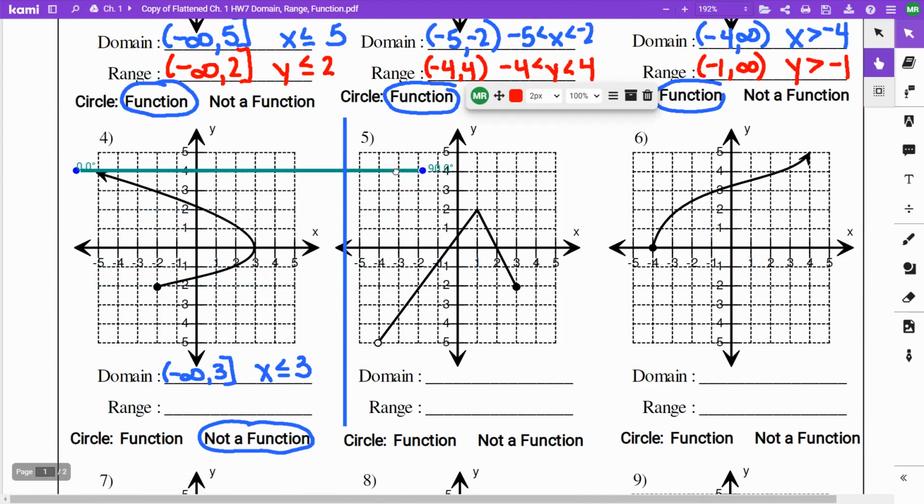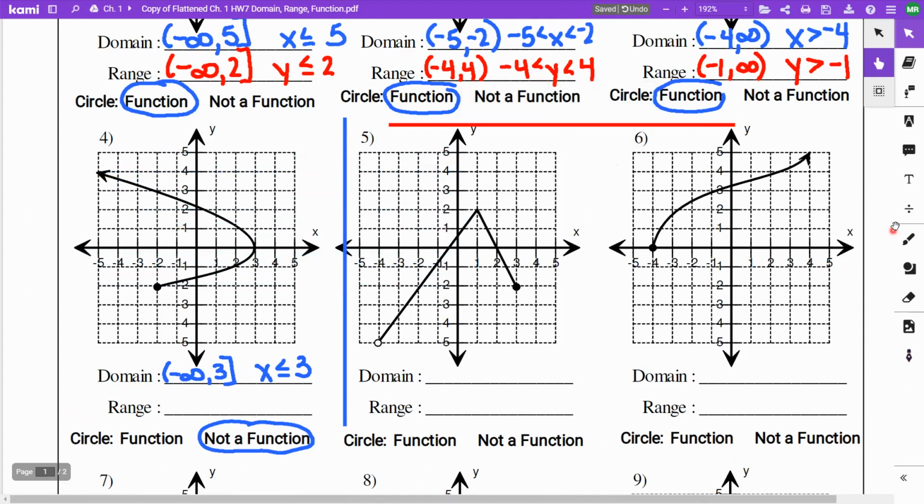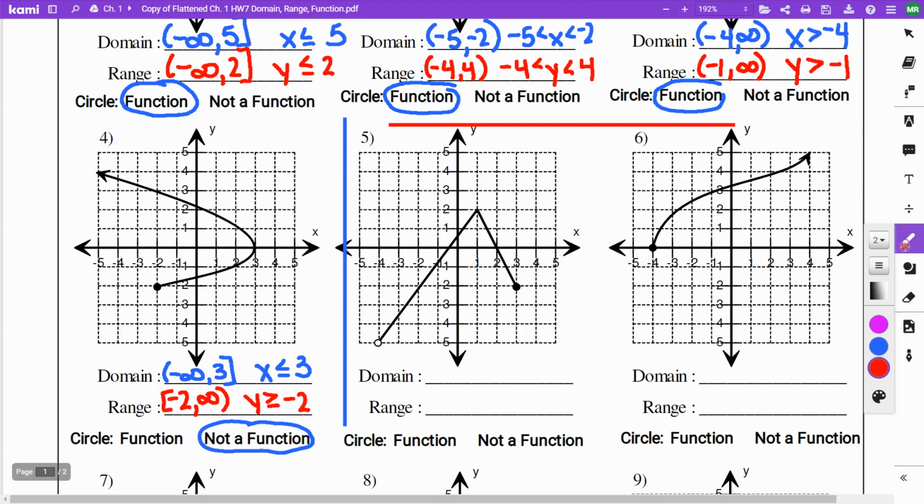So it's going to be to positive infinity, from -2 to positive infinity. So it's going to be close bracket, -2 to infinity, open bracket. So that's going to be y is greater than or equal to -2.